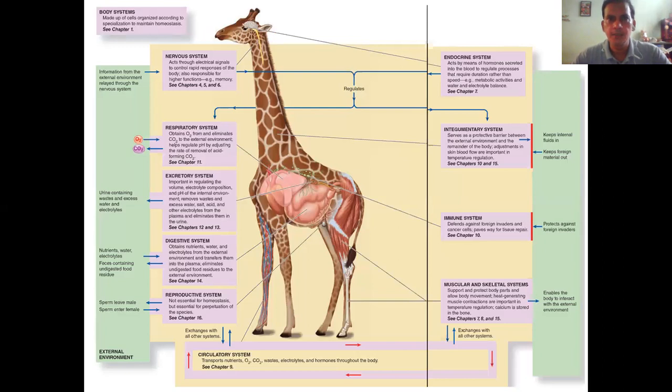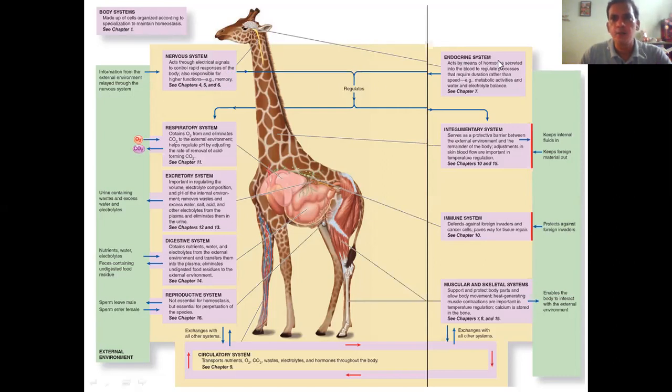So this is a typical pictorial representation of what was in the previous slide. Let's say this nervous system acts through electrical signals to control rapid responses of the body. This is also responsible for higher functions such as memory, reading, writing.